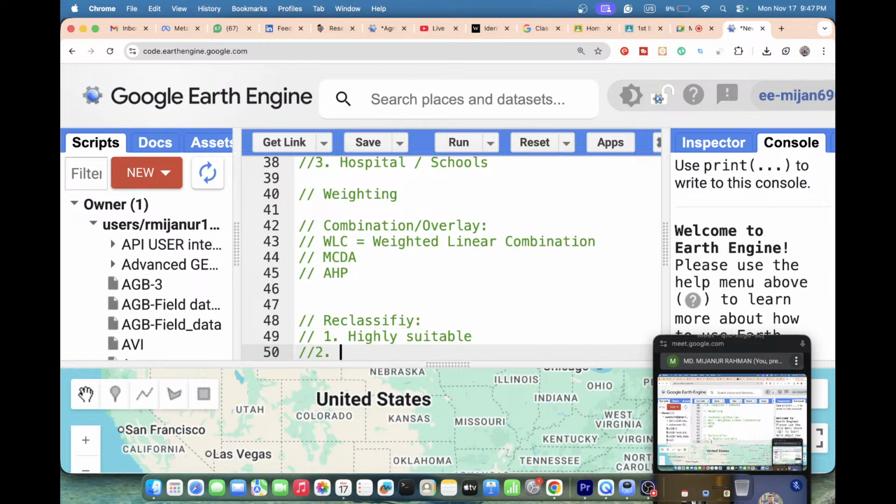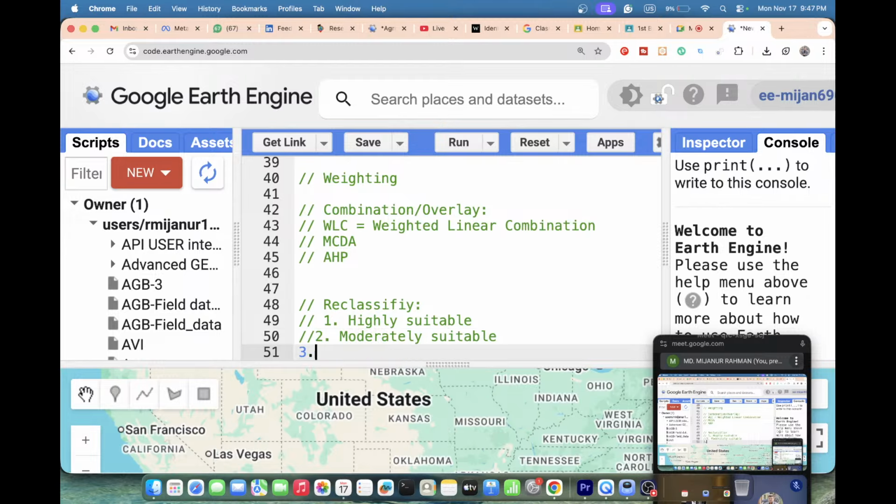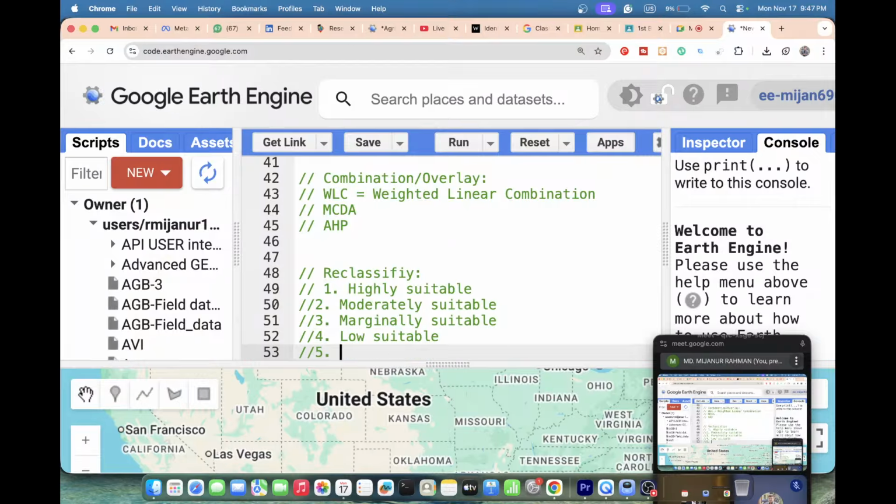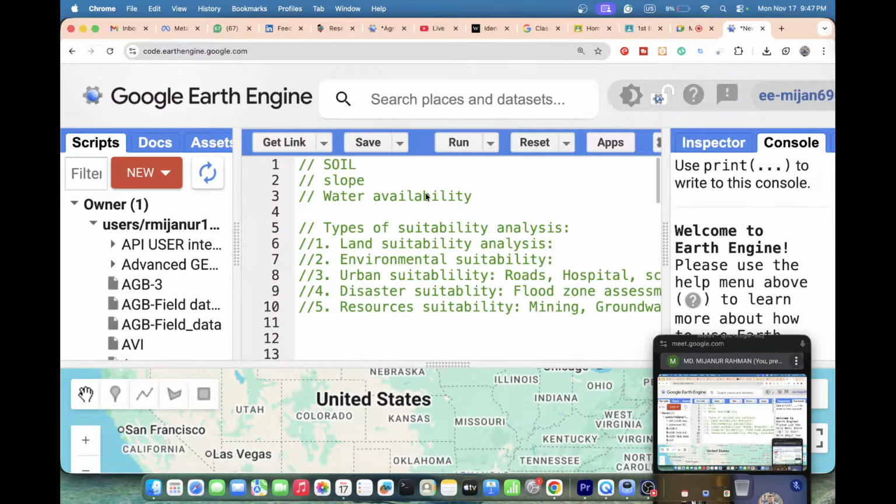Second I put here, suppose, moderately suitable. We set marginally suitable, low suitable, and finally fifth, not suitable. So this is the step when you do any kind of suitability analysis.